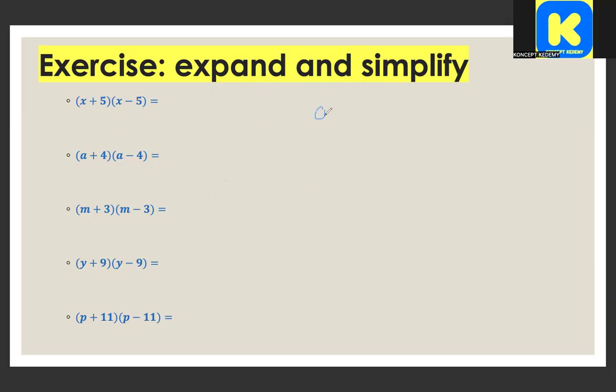We know that a plus b and a minus b is equal to a square minus b square. So now let's compare this identity with this question. So here we have a plus 4 and a minus 4. That means in the place of a, here you can see we have a, but in the place of b, we have 4.